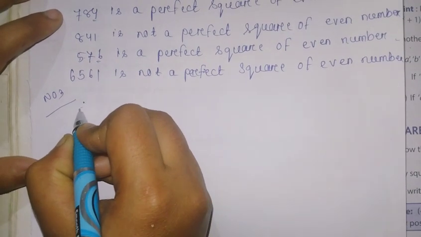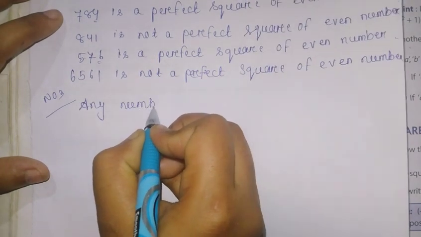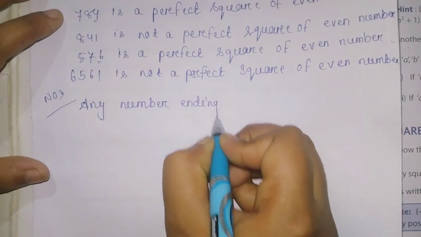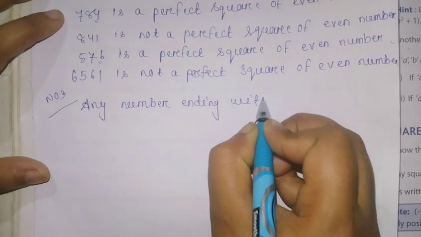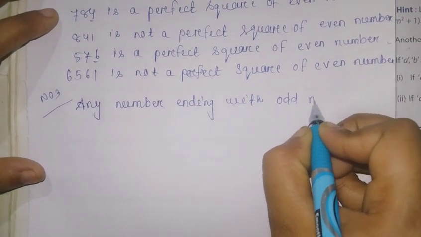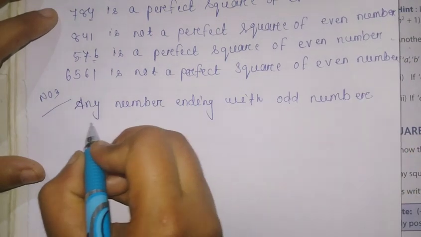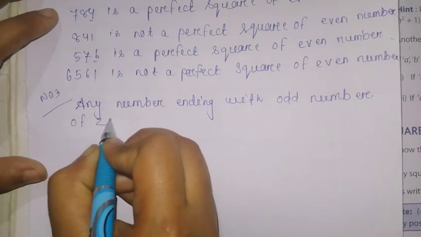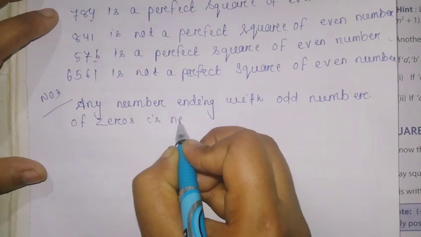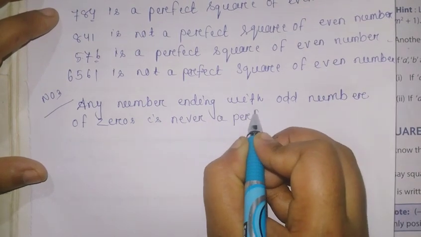First write: any number ending with an odd number of zeros is never a perfect square number.